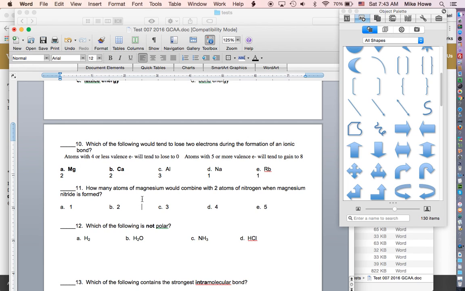Okay, how many atoms of magnesium would combine with 2 atoms of nitrogen when magnesium nitride is formed? Magnesium has a +2 charge. Nitrogen is a -3. So you're going to be looking for a common multiple of 2 and 3, which is 6.